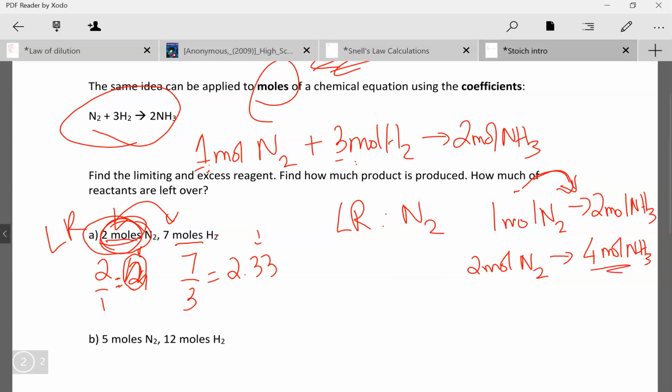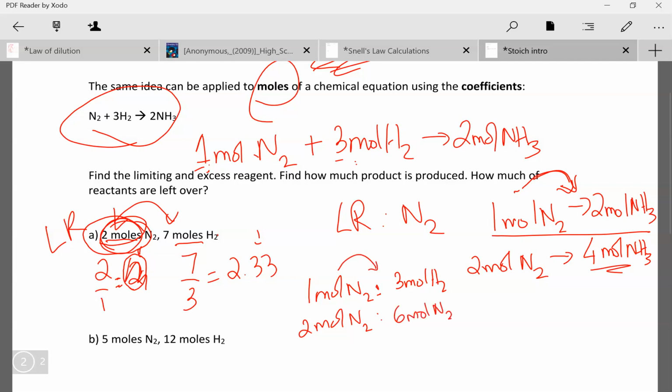And we have to do the same calculation to find out how much reactants are left over. So 1 mole of nitrogen reacts with, or requires, 3 moles of hydrogen. Again, the first statement that we're writing always comes from our balanced equation. And then we have 2 moles of nitrogen. Again, I had to multiply by 3, so I'm going to multiply by 3 to get 6 moles of nitrogen.